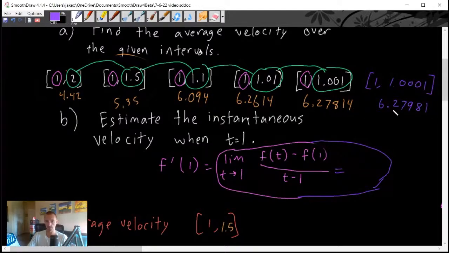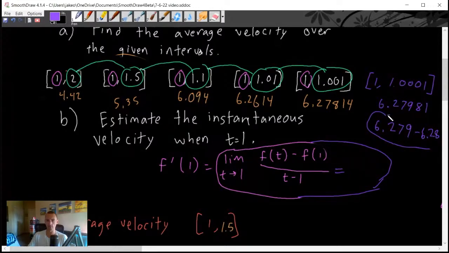It's just 6.279, maybe 6.28. It might get up to that eventually, but pretty much your answer is going to be somewhere between 6.279 and 6.28, somewhere in there.